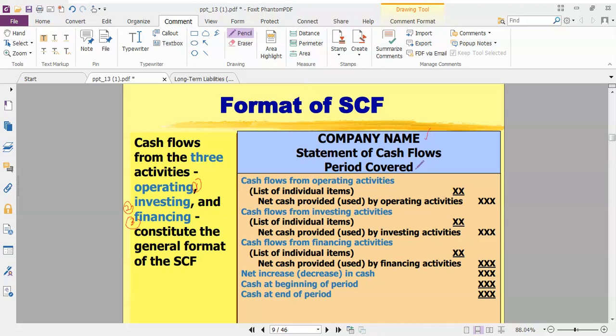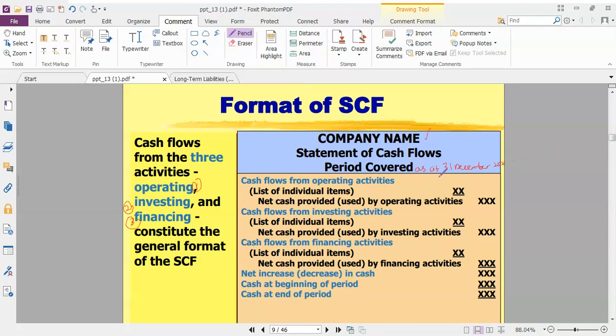The first line should have the company's name, the second line the title, statement of cash flows, and the third line the period covered, for example, as at 31st December 2021. And then first we should open three columns here.